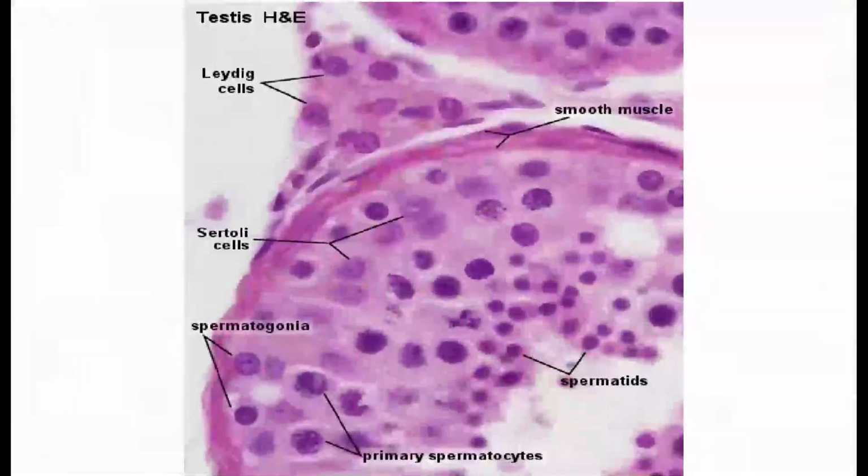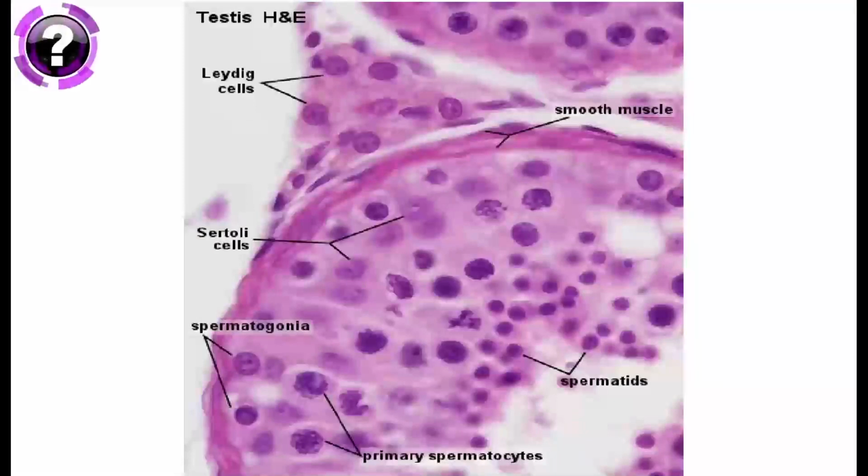This is a much closer look at cells making the germinal epithelium of the testis, of the seminiferous tubules, and we really need questions to find our way through these cells. What are these cells?